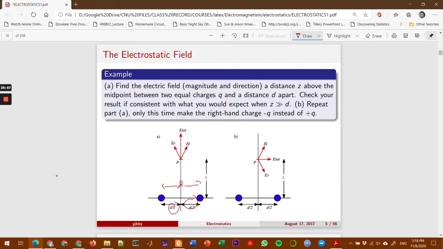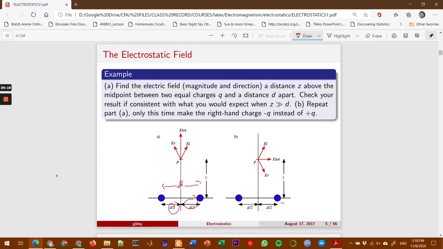Say kung z, unsa kayo result dapat if your z, this one, the z is much greater than d. So kung meaning layo kay na siya, you would expect na unsa kayo result niya. And then for letter B, this one, we repeat the same procedure, but this time make the right hand charge negative q.